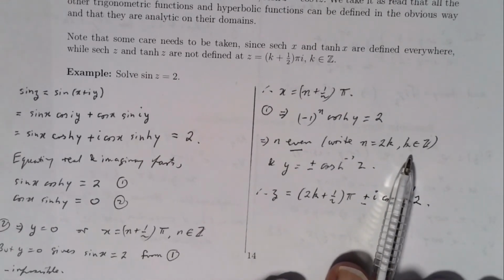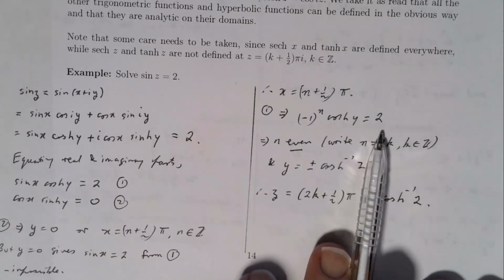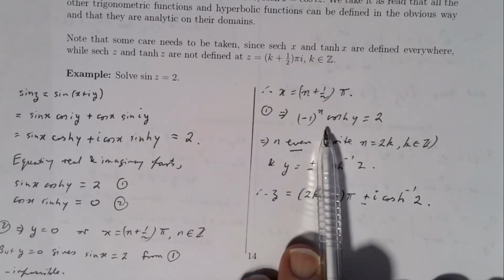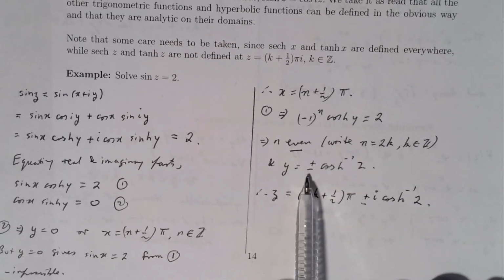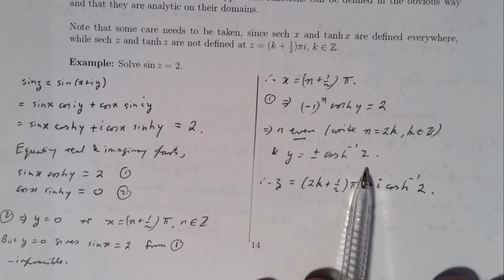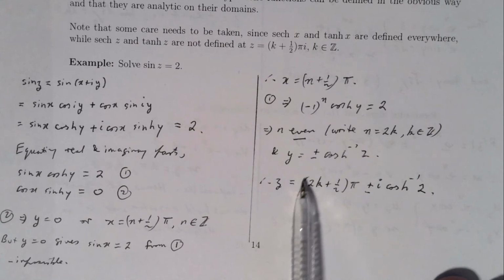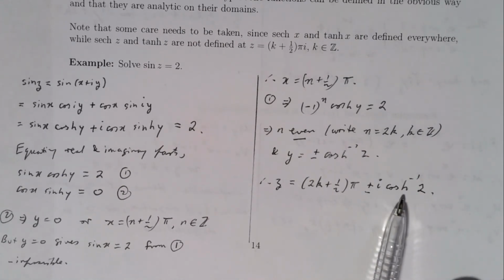In that case, this disappears. I just get cosh y is 2, and again, remember the graph of this one is symmetric. This is an even function, so the solutions of cosh y is 2 is y is plus or minus cosh inverse 2, which is some number on your calculator. Finally, putting all that together, our z is x, which was (2k plus a half) pi, plus iy, that was inverse cosh 2.